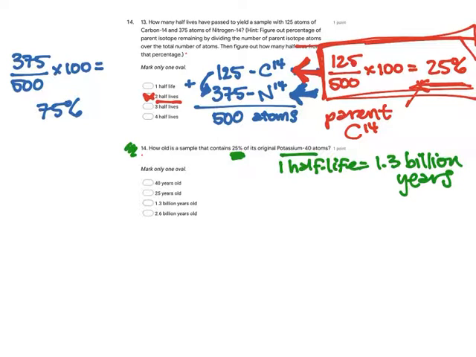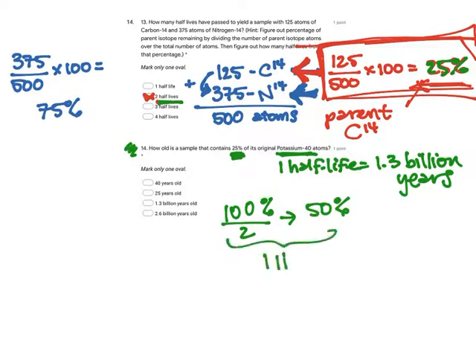Well, if we look at the problem we just did, we see 25% remains after 2 half-lives have occurred. And that's true for any sample, despite whatever type of parent isotope you're dealing with. So remember, 100% decays to 50% after 1 half-life.